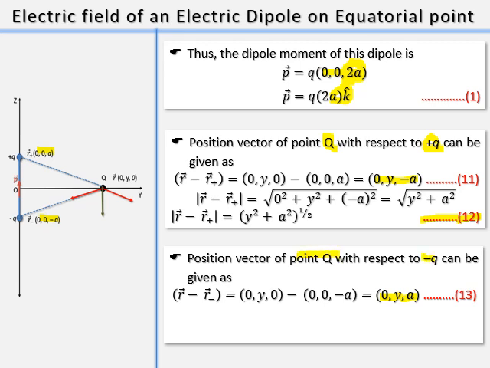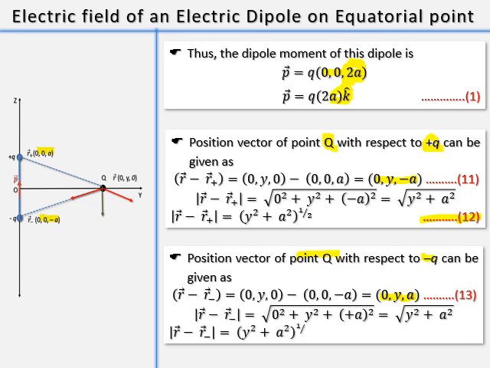And how far is Q from the negative charge? Take the modulus of r minus r negative, and we get the square root of y square plus a square again. So looking at equations 12 and 14, we realize that point Q is at the same distance from the positive charge and the negative charge. Okay, so let us go further.